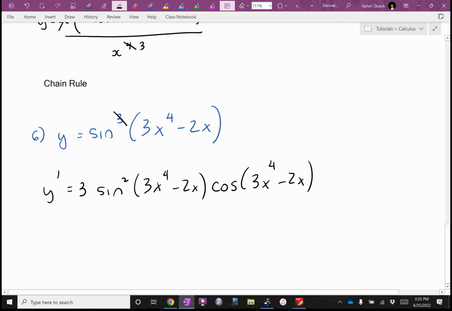Times the derivative of what's inside. I think. Oh, technically times 1 after that, because.